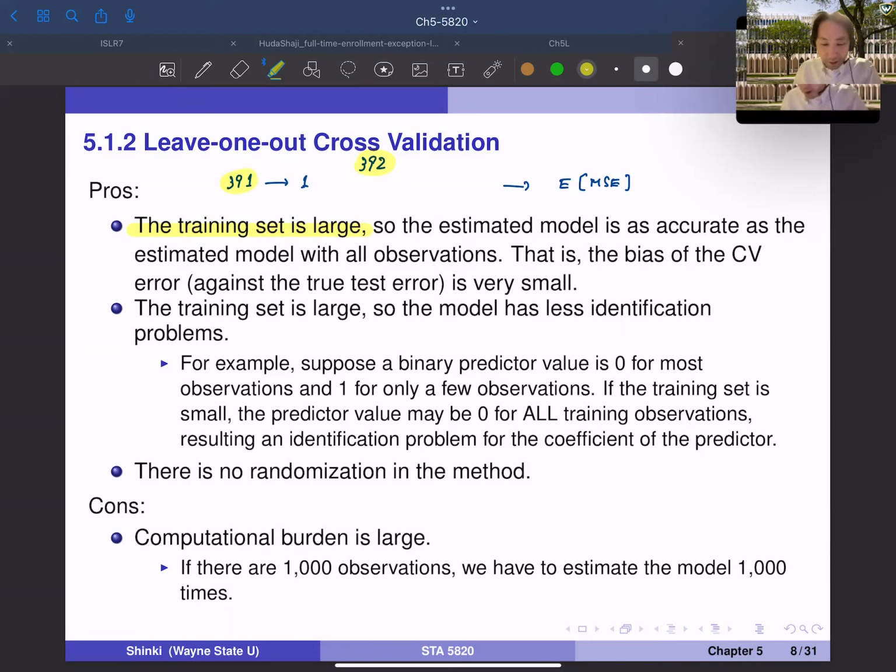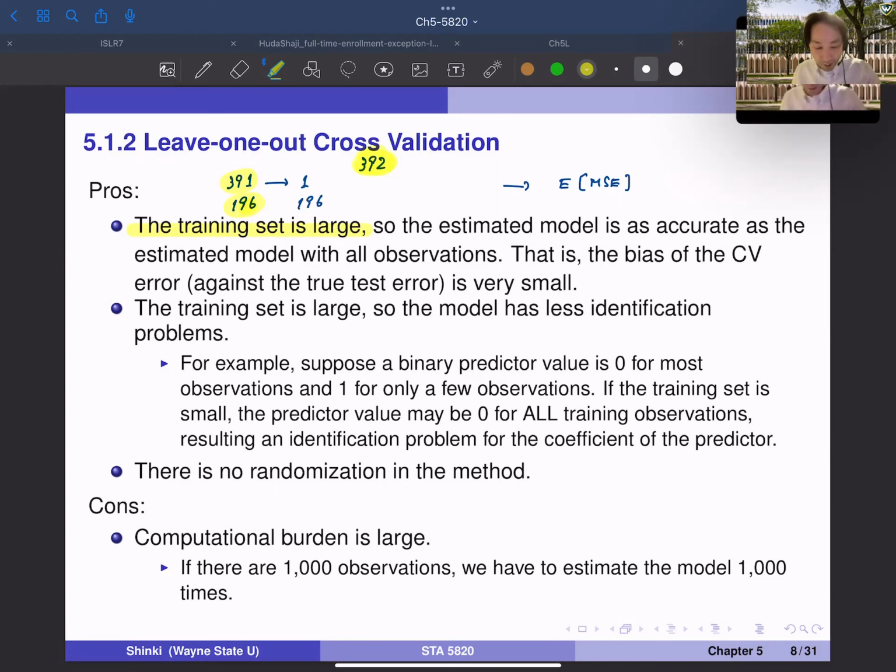This is different for the validation set approach. Suppose we use 196 observations as the training set and 196 observations as the test set. Then we have to estimate the model with only 196 observations, so the data size is just half. That means the estimation result is less reliable, and this model is worse than the actual model we estimate with all these observations.